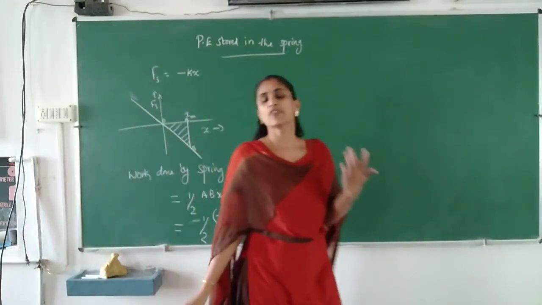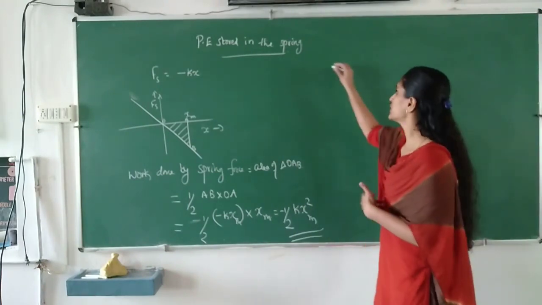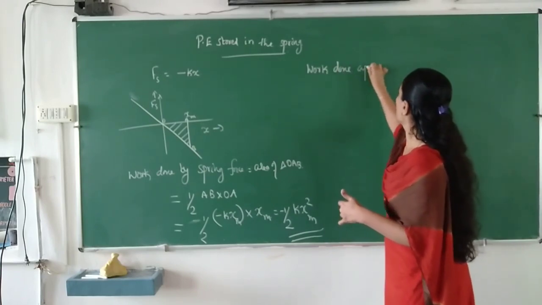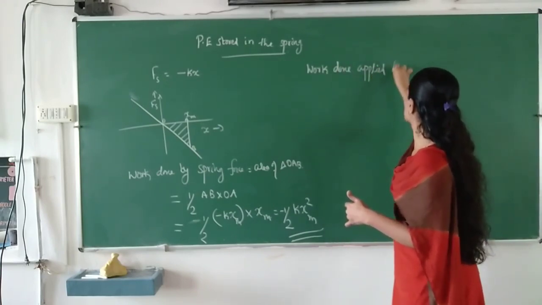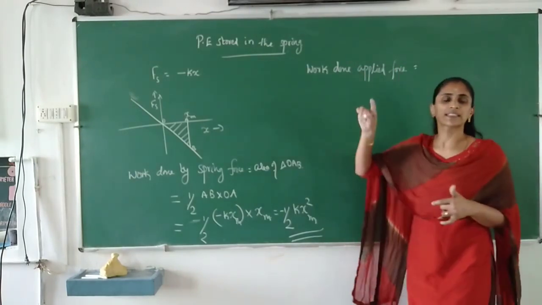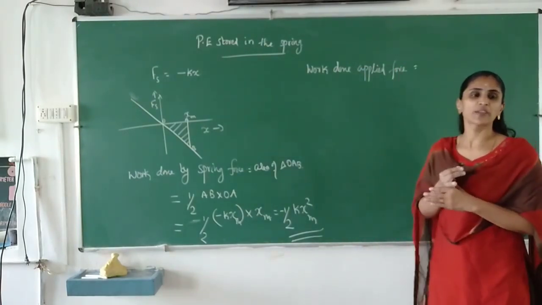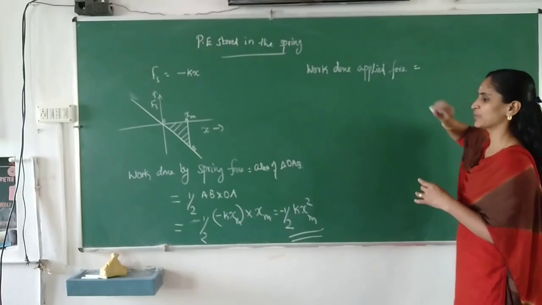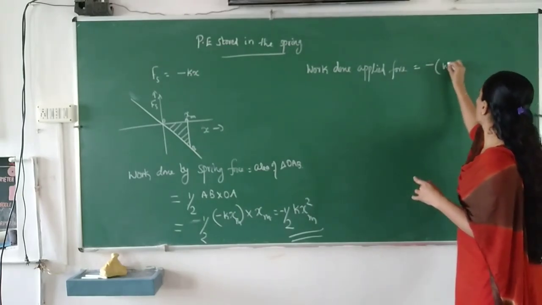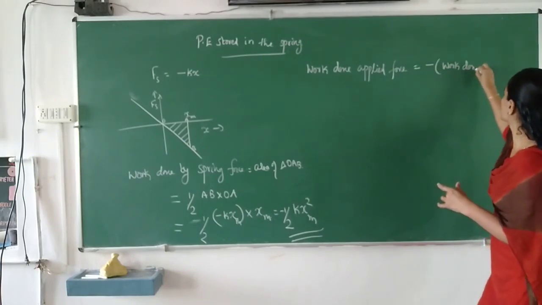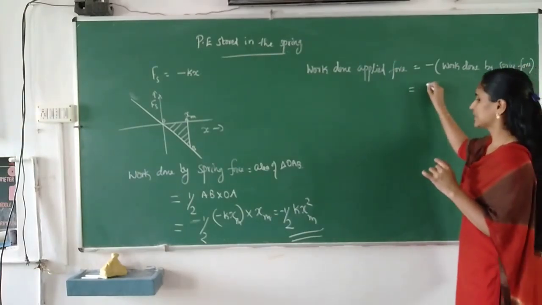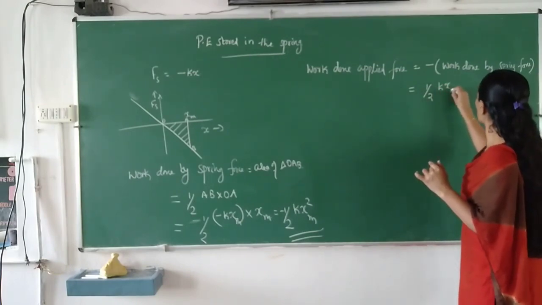Then we can find the work done by applied force. At least we have to accept that the applied force should have magnitude equal to plus kx. So the work done by applied force is equal to minus of the work done by the spring force, so this is equal to half kxm square.